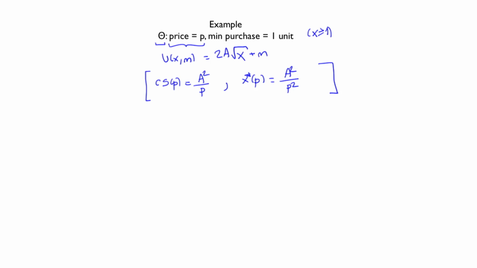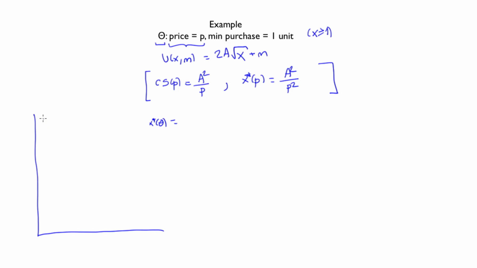Now, to start computing the consumer surplus of theta, we need to understand what X star at theta looks like. And we have actually solved that before.